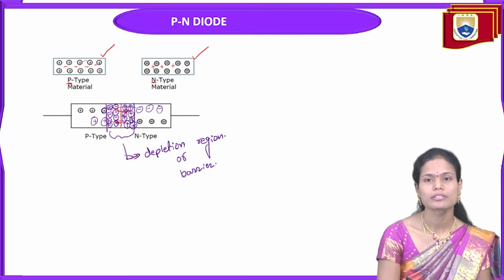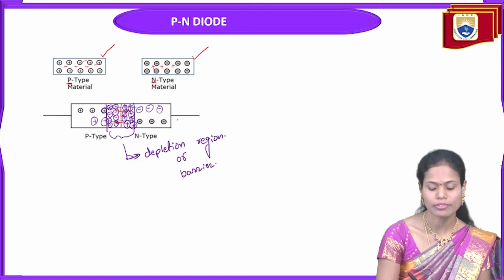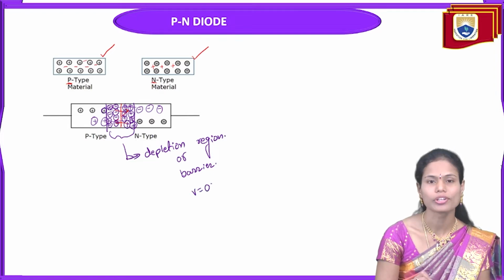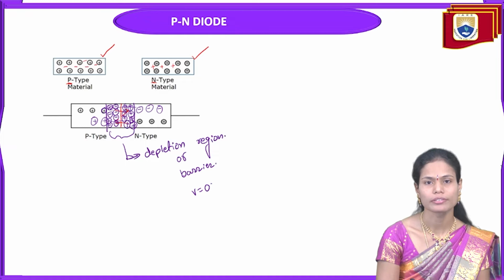That's why we call this region the depletion region. It depletes the movement of charge carriers and acts like a barrier to oppose the flow of electrons and holes. So this is the case when we are not applying any voltage to the PN junction diode.